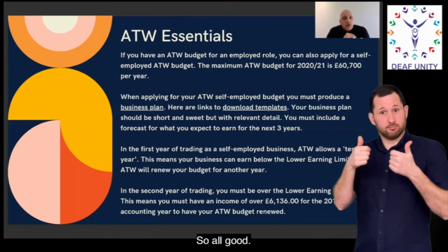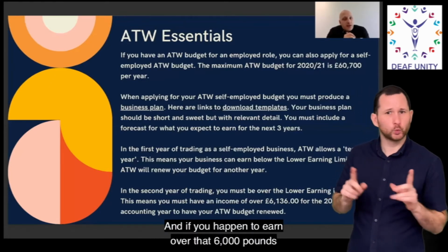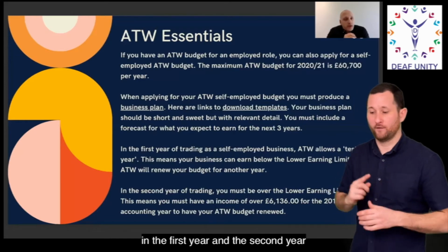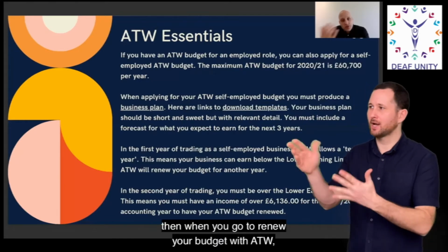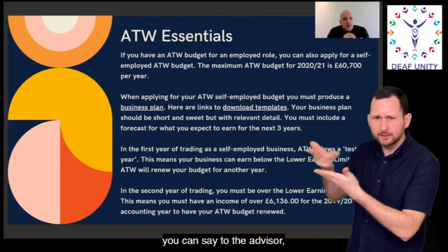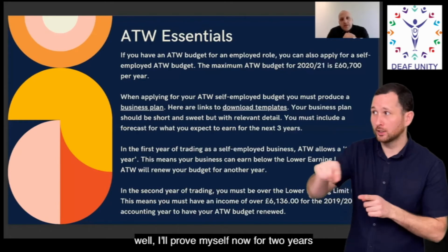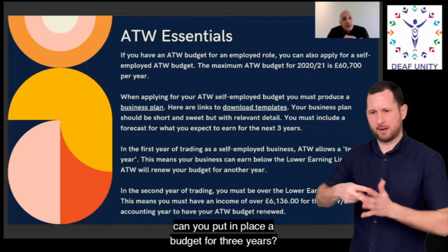So all good. And if you happen to earn over that £6,000 in the first year and the second year, then when you go to renew your budget with ATW, you can say to the advisor, I've proved myself now for 2 years. Can you put in place a budget for 3 years?